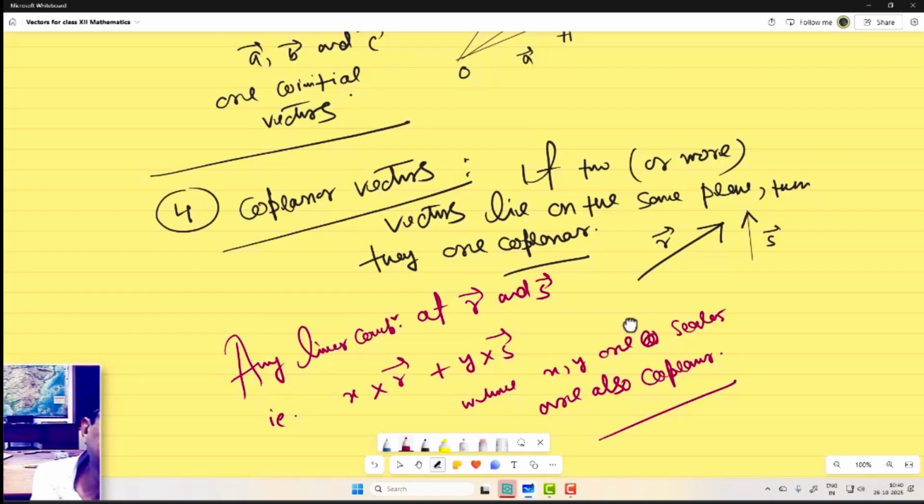So R and S are coplanar, and X into R plus Y into S is also coplanar.